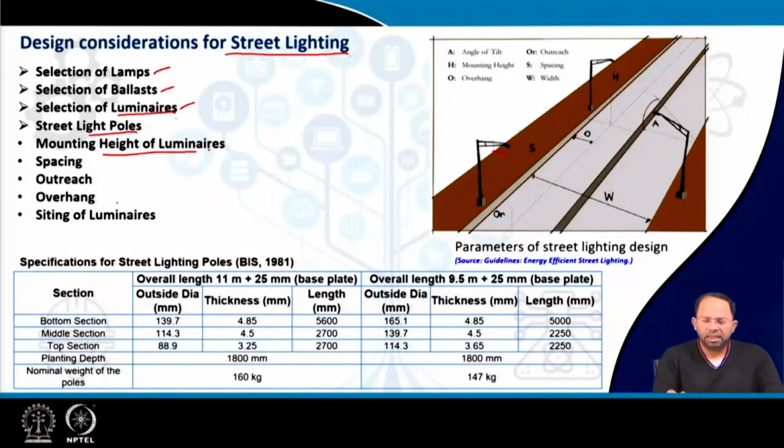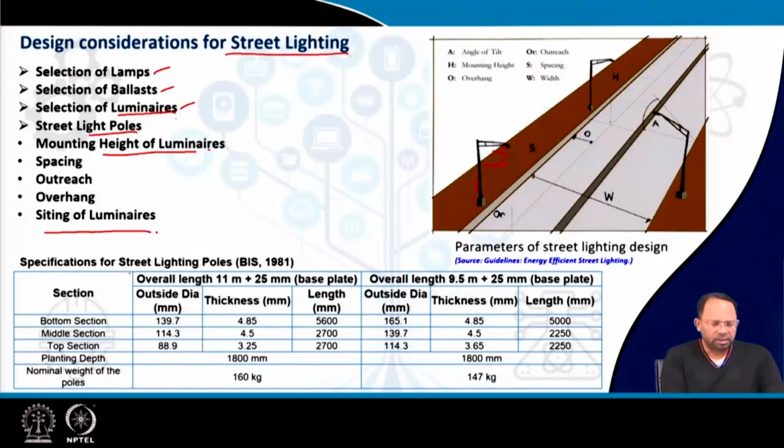Outreach is basically the distance between the center of the pole and the center of the luminaire. This is particularly of concern for aesthetic and architectural concerns, and so on. And then siting of the luminaire, that means where I should place the lights. So these are all the different aspects that should be covered.